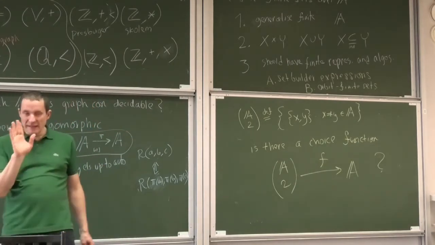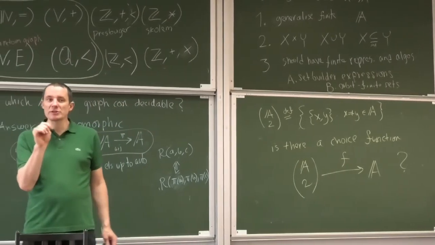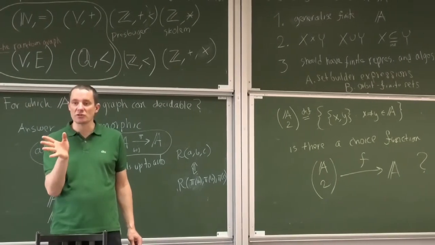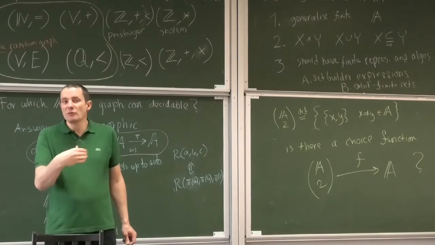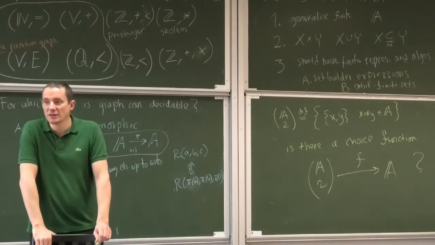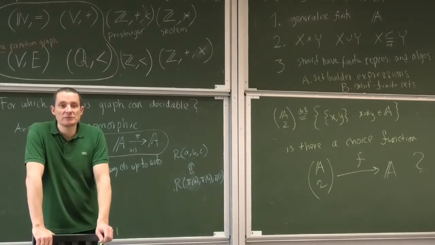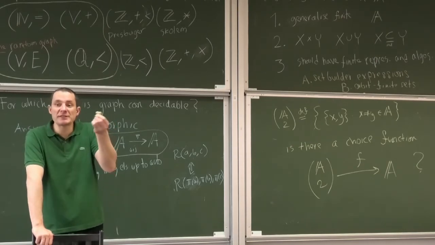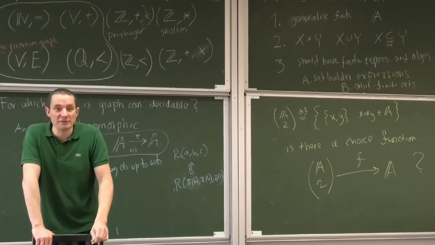So, let's first answer a simpler question. Is there a choice function such that the definition does not use any constants? I mean, why would it be useful to write 5 in the definition of a choice function? That would be a little bit useful, because if your input set contains 5, then you can always output 5, yes?